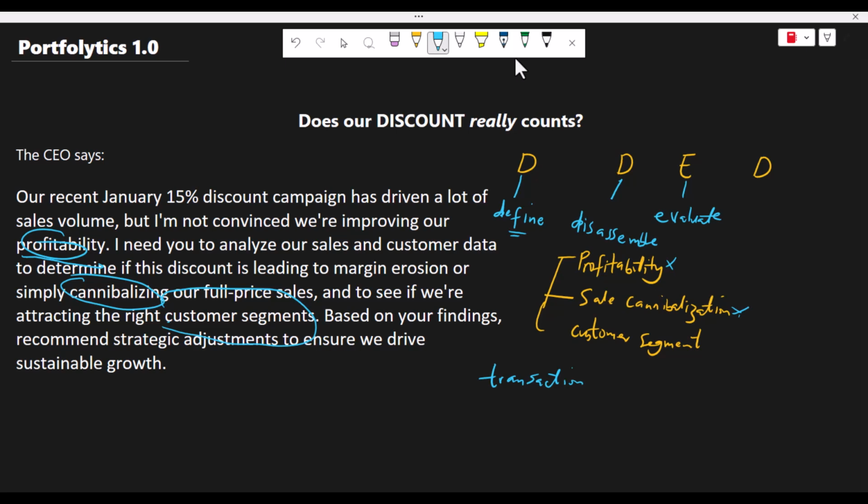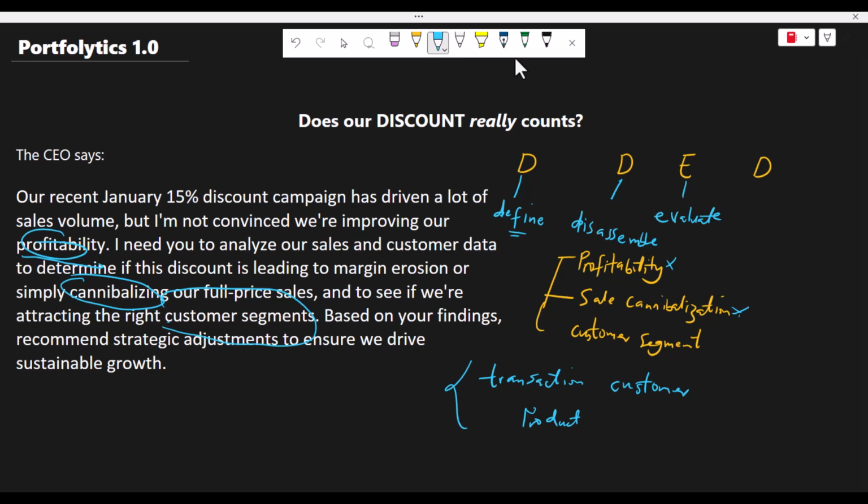Likewise, for the customer segments, we also need the customer data sets. And aside from that, we are talking about a product. We also need a product data set to know those types of products, maybe they're high valued or low valued and the likes. So these three data sets are very important in analyzing this particular project.